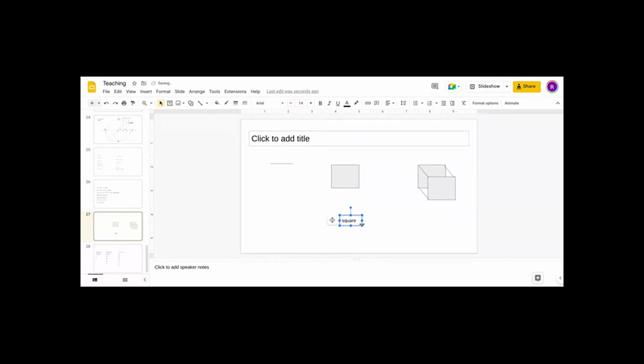This last one, what is it called normally? Normally, what do we call this? This last one, third one? Cube, sir. Cube. Yeah. Okay. But actually you can also call it a three-dimensional square. The normal name is cube. Cube. Yeah.